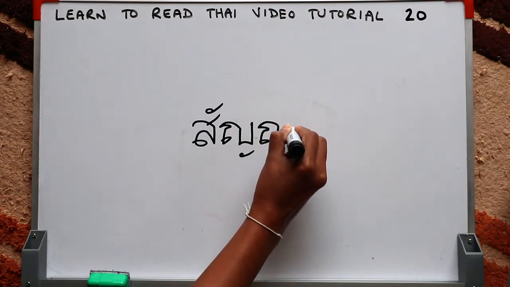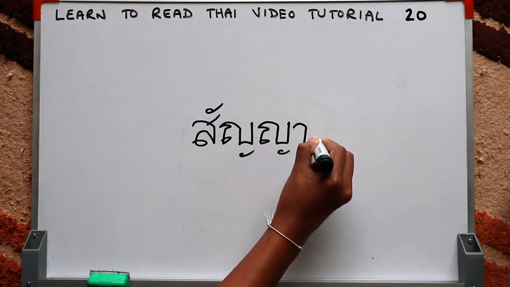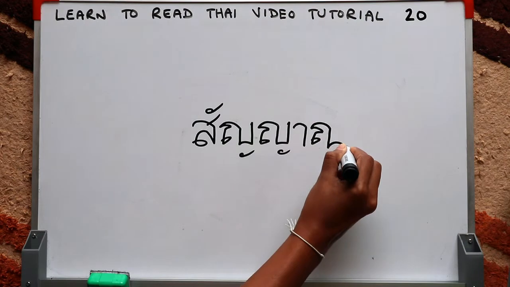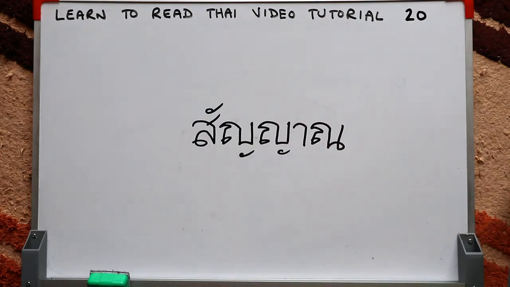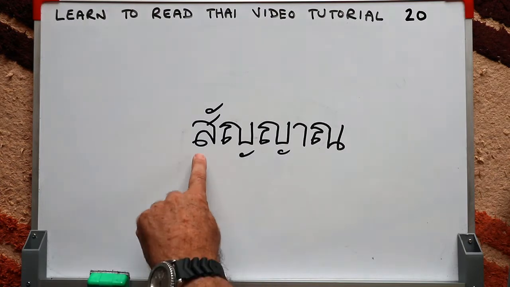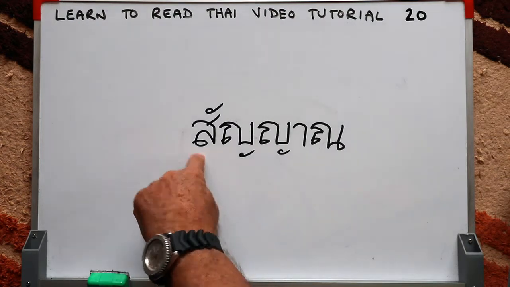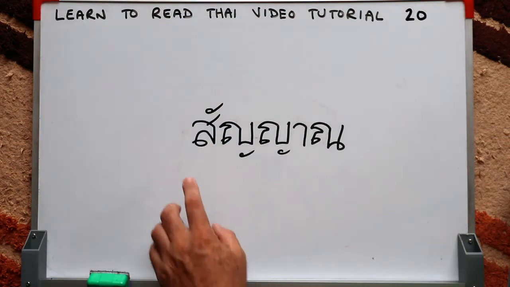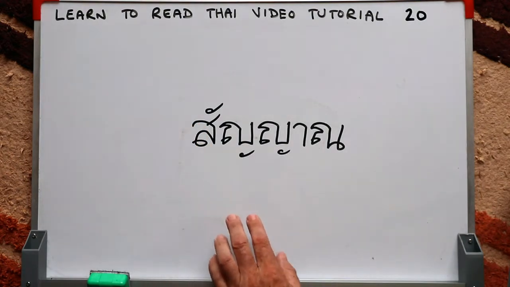This word demonstrates the importance of telling learners that consonants make one sound as an initial consonant and another sound as a final consonant. This is why I get so upset with the transliteration. The word we have here, this is one of the S consonants, and then mai han akat above it, like a U vowel.